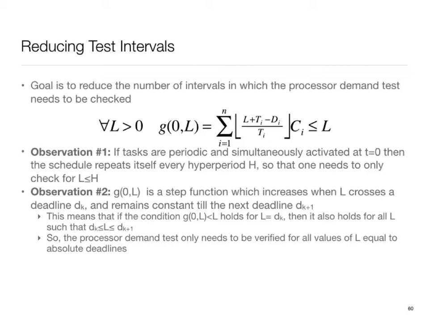Observation 2: this function g(0, L) is a step function which increases only when L crosses one of the deadlines.